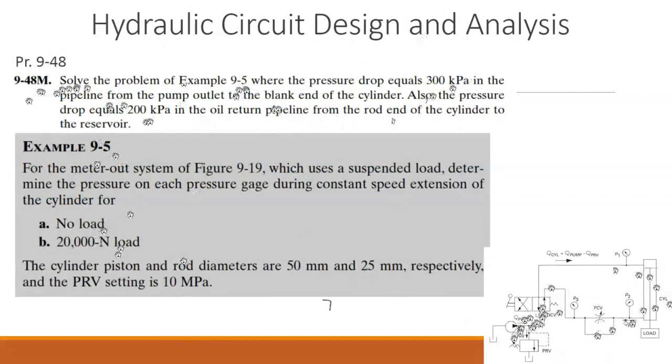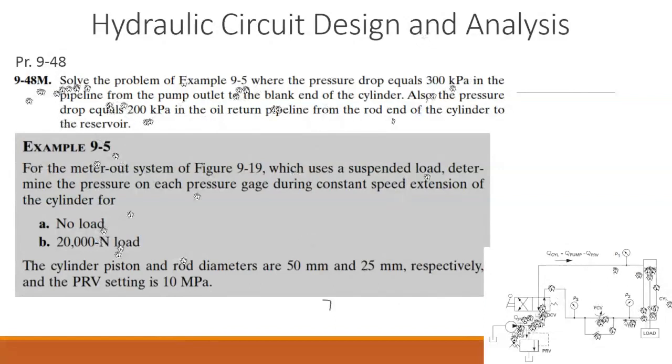Meter out. Why meter out? As I mentioned, meter out is always on the rod side. So when the oil goes out of the rod side, the flow control valve, which here in this case is a needle valve, is placed at the rod side of the cylinder, not at the blank side. Which supports a suspended load. Now the load needs to be suspended, meaning the load should not be lowered or raised.